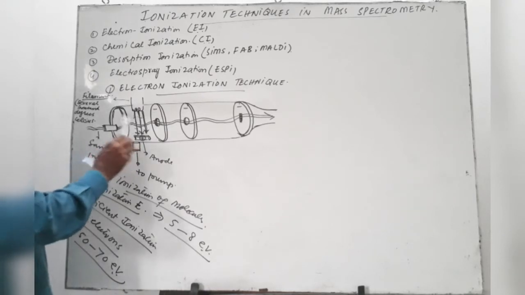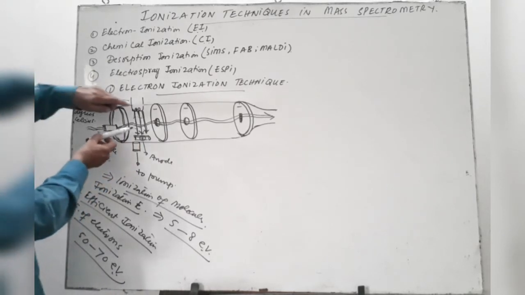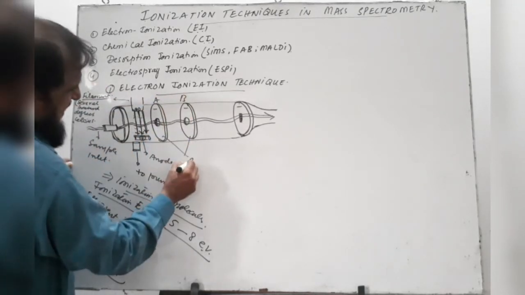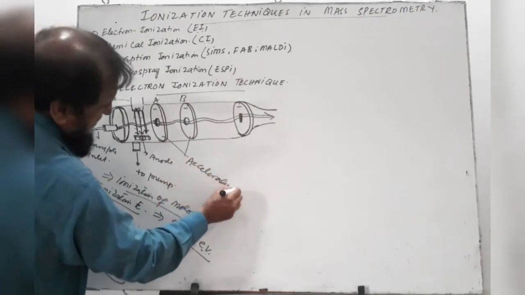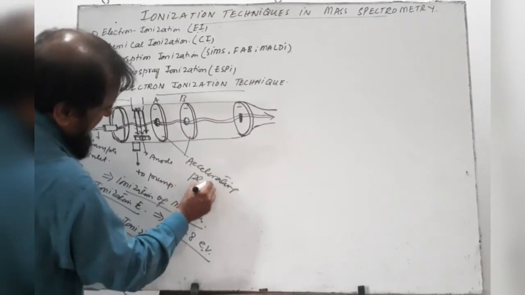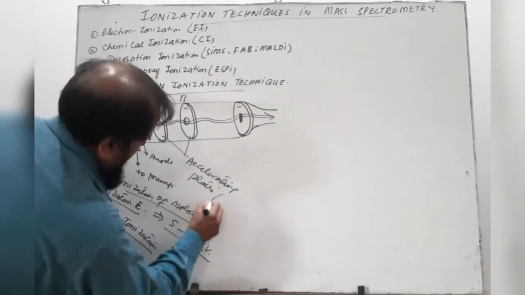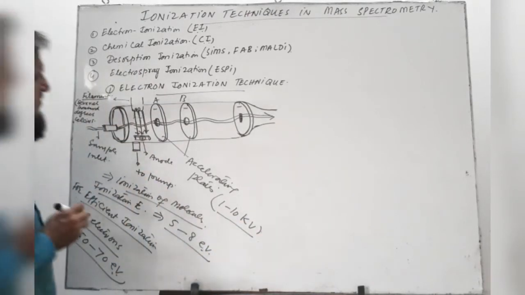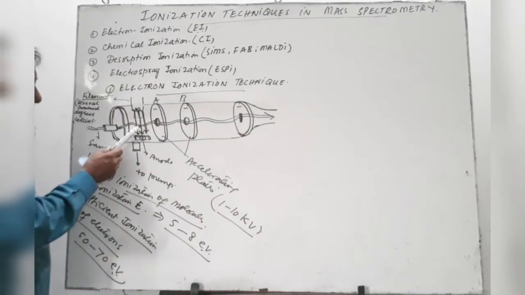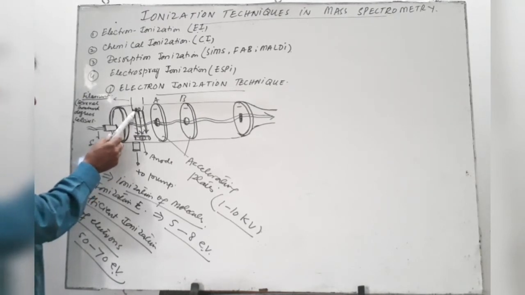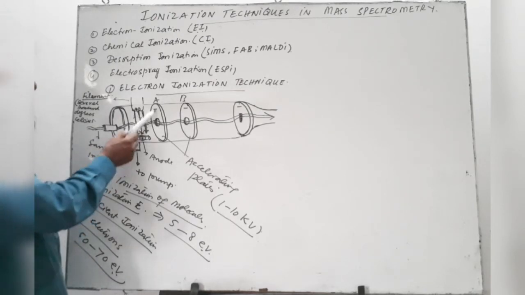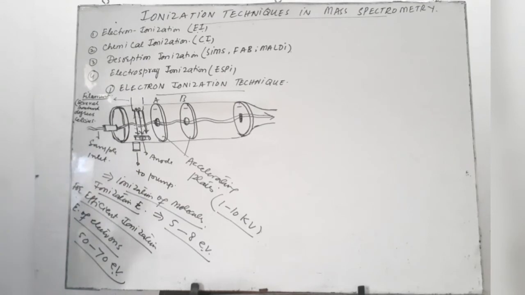Once the ions are produced, they are directed towards the accelerating plates A and B, which have a potential difference of 1 to 10 kilovolts. The positive molecular ions, which are cations produced by the bombardment of the electron beam, are directed towards the accelerating plates by positively charged repeller plates.